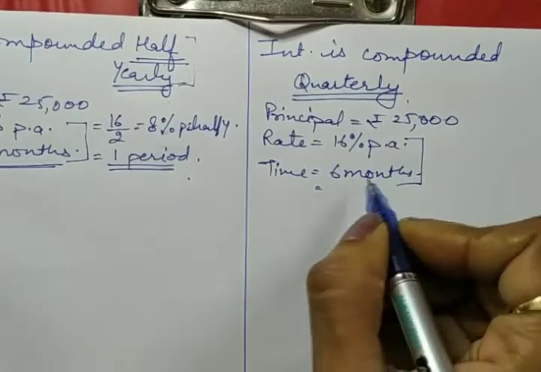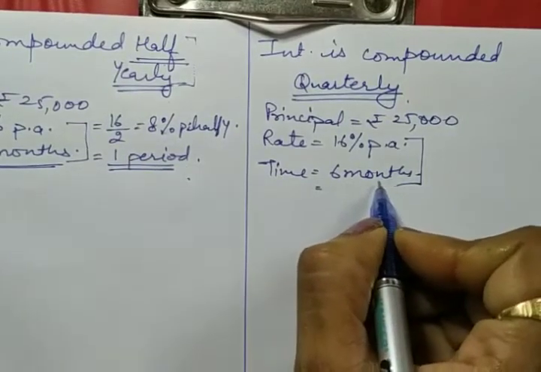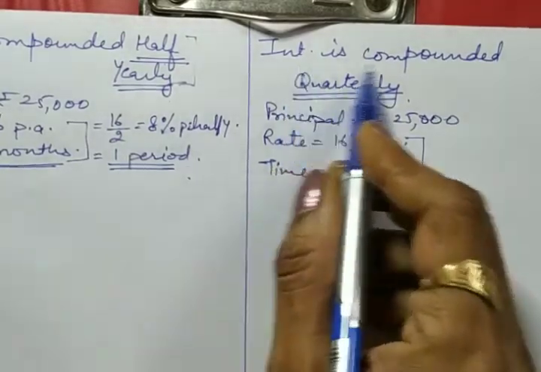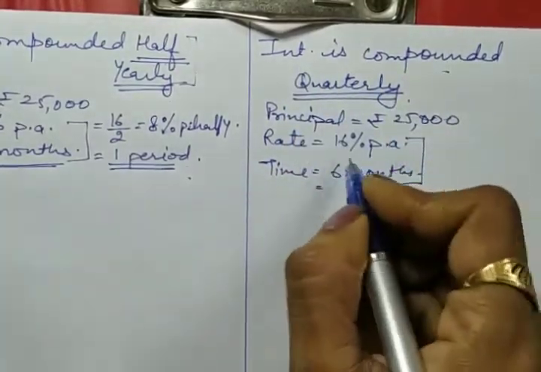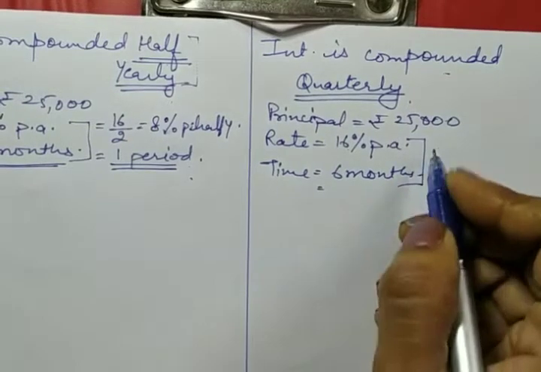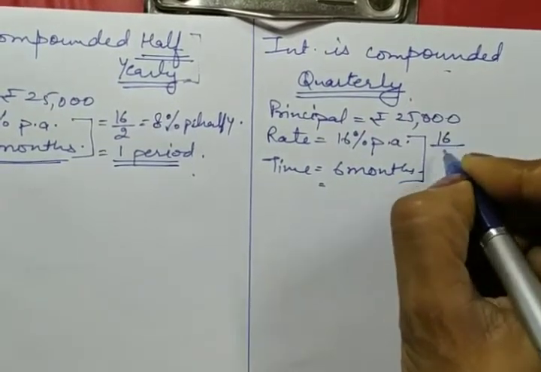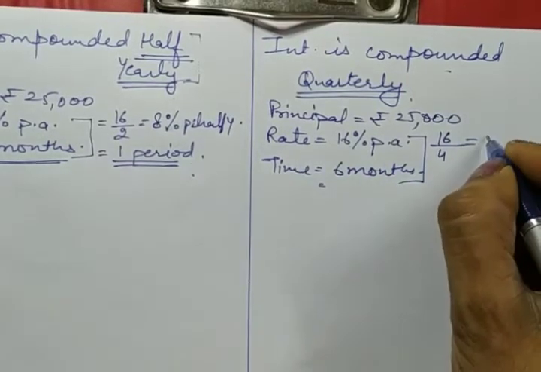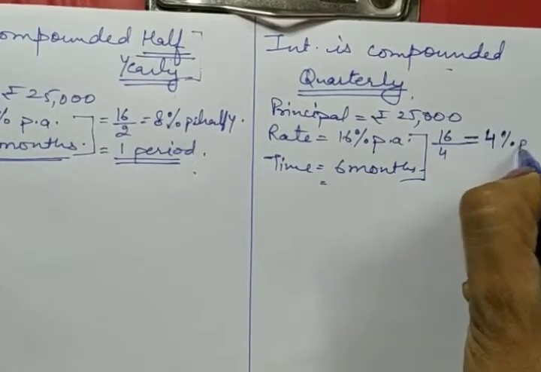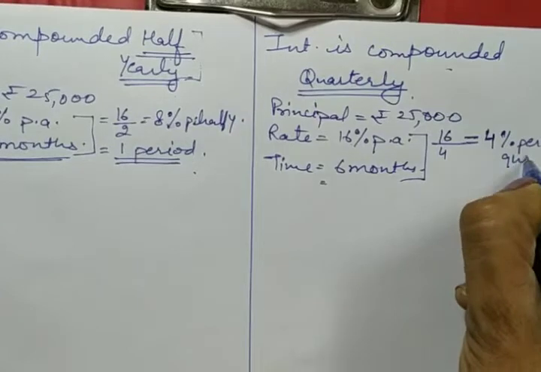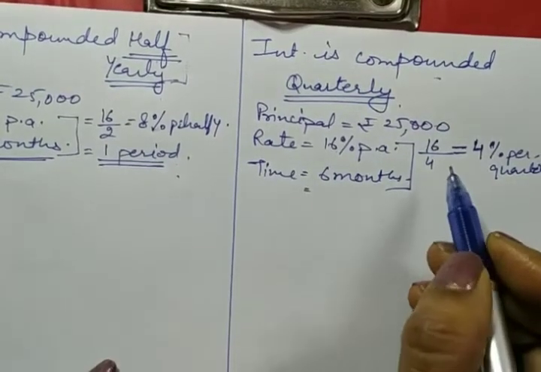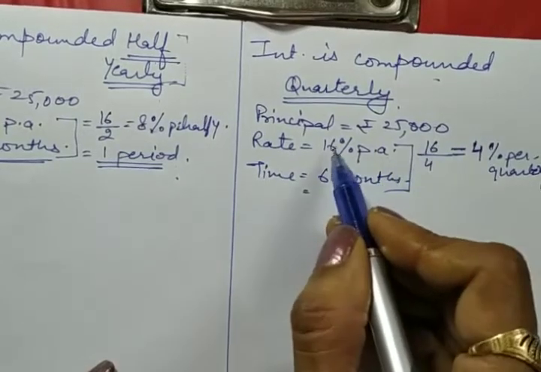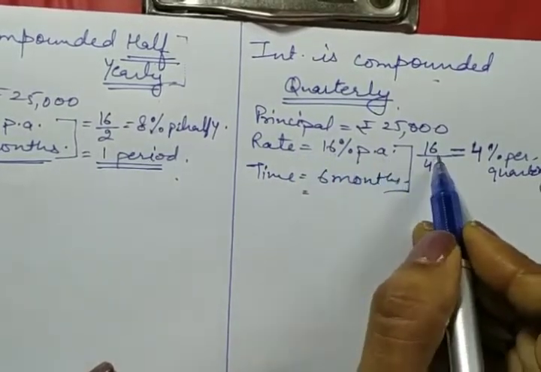On right hand side there are 6 months and we have to convert the information according to our requirement. When interest is compounded quarterly, rate is 16% per annum. We have to divide 16 by 4 to convert this rate of interest in 4% per quarterly. As we know, there are total 4 quarters in a year, so we have to divide the rate of interest per annum by 4.